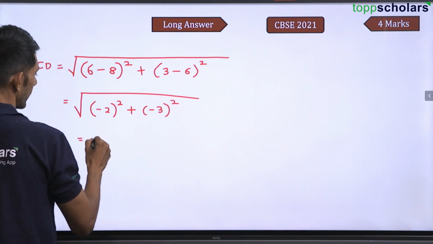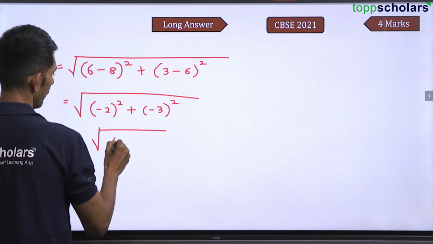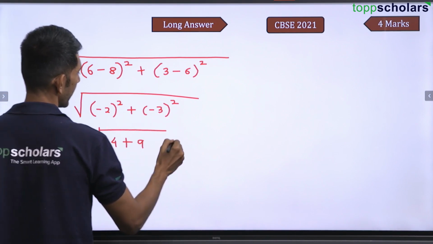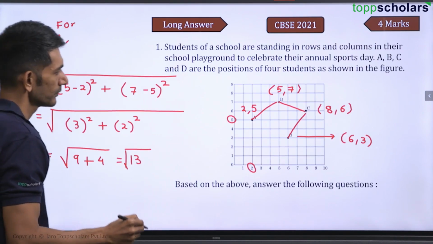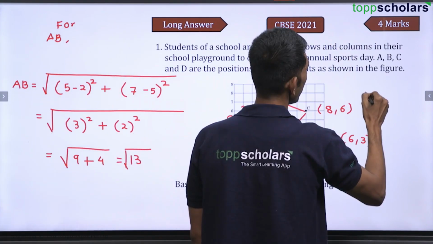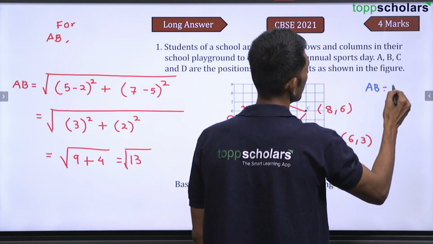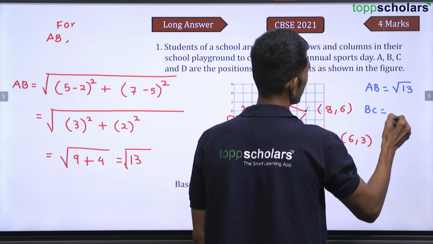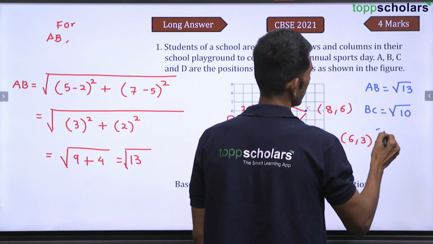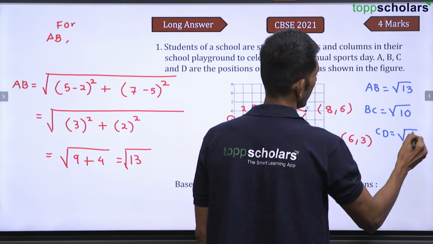So that is under root of 4 plus 9, that is under root 13. Correct? So if you see, AB under root 13, BC under root 10, CD under root 13.